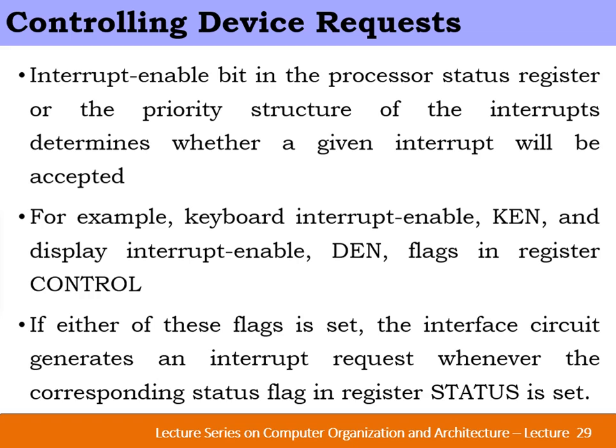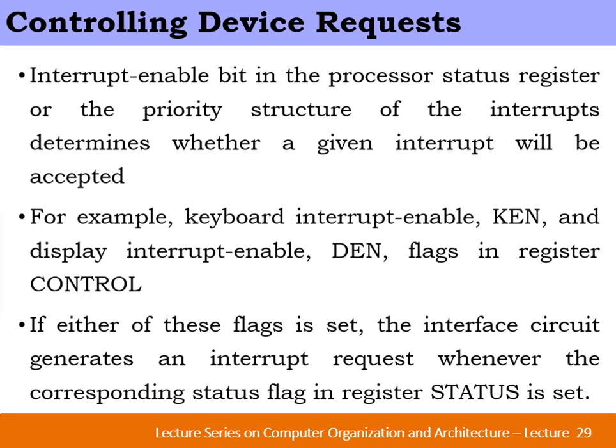Now we know that the interrupt enable bit is available in the processor status register. Or else the priority structure of the interrupts determines whether a given interrupt will be accepted or not. For example, consider the keyboard interrupt enable KEN and display interrupt enable DEN flags in the register called control.